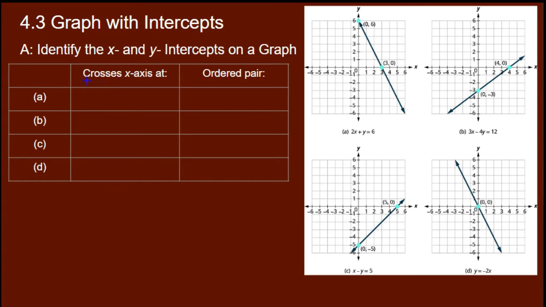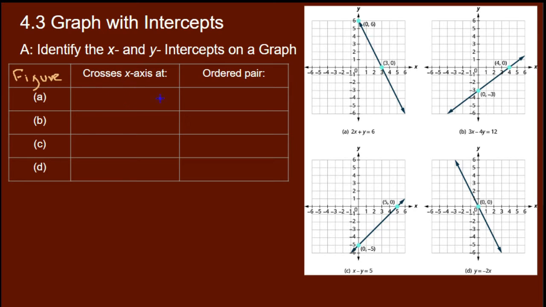So we're going to look at each of these figures. I'll just put, oops, I need to get my skinny pen back. Figure, these are the figure letters. We want to see where they cross the x-axis, and then we're going to come up with the ordered pair.